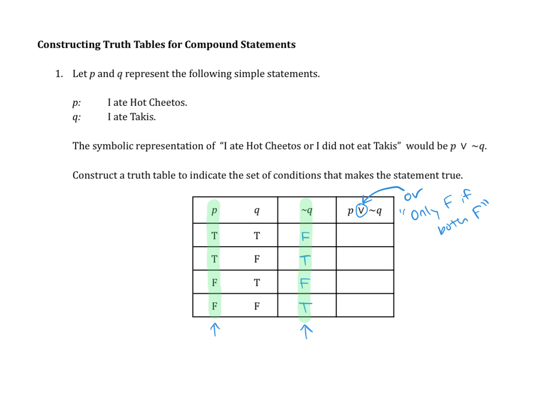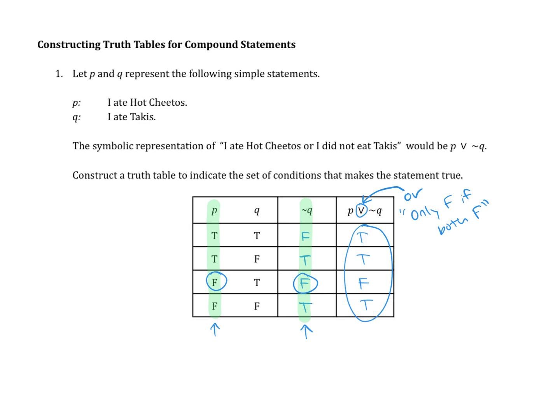So I look at this table and ask, where are they both false? They're both false in the third row. So that's going to be false. All the other cases, they're not both false, so those are going to be true. So this last column is my final answer.